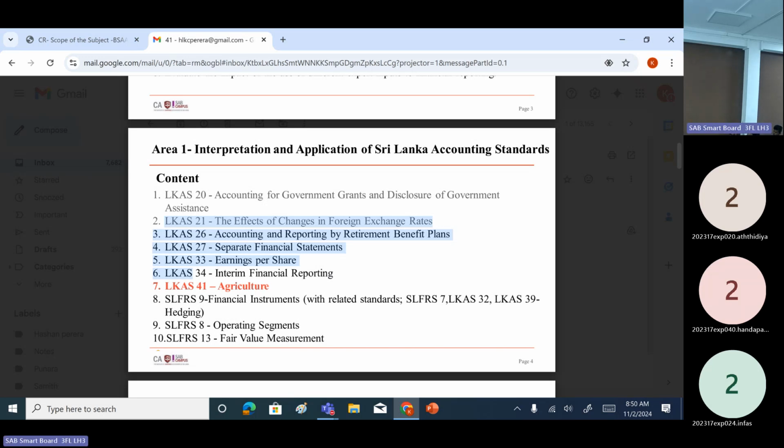Going forward, we are having SLFRS. SLFRS 7, 9, maybe implemented recently. We have LKAS 1, 2, 7, 9, 16 standards, and the ending is 41, the last standard.